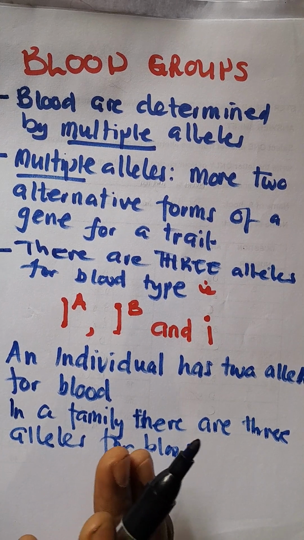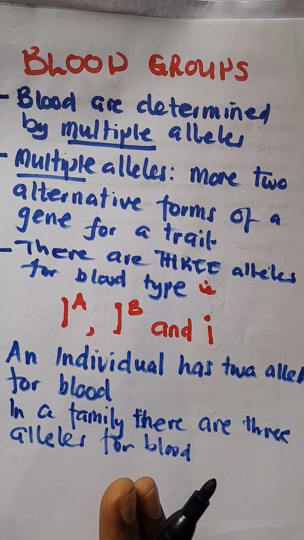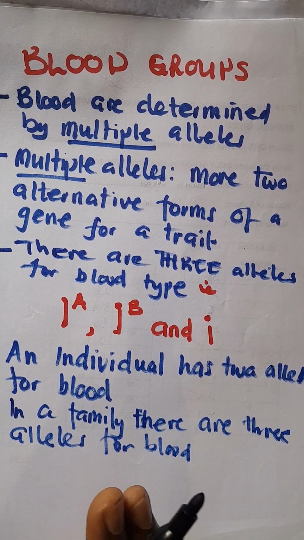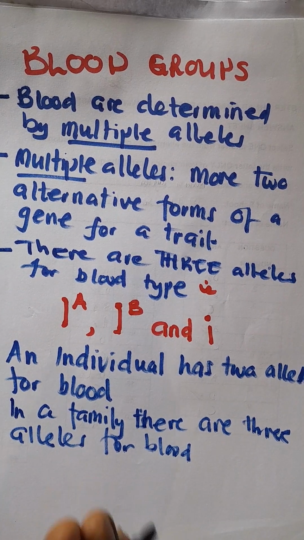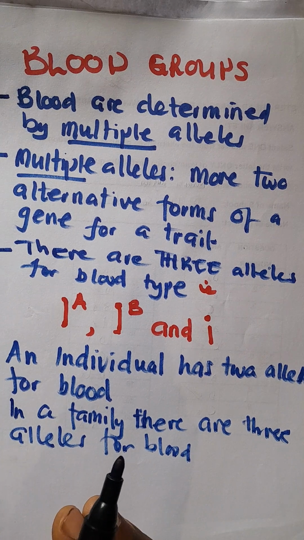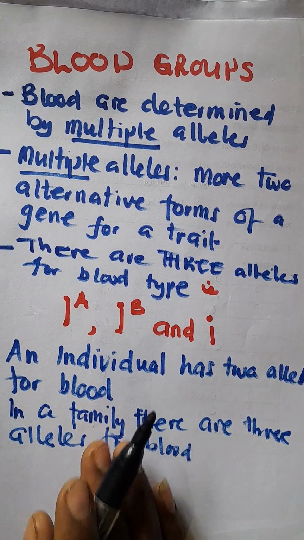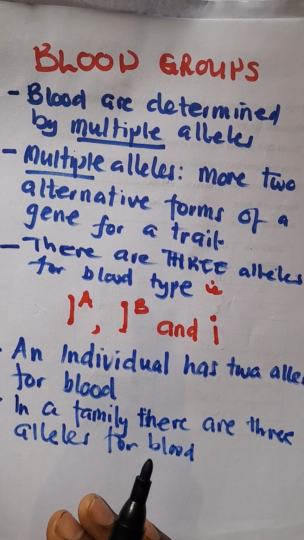I'm not talking about an individual. Meaning there can only be two alleles that combine. And remember, an individual receives one allele from each parent, one from the mother and one from the father.